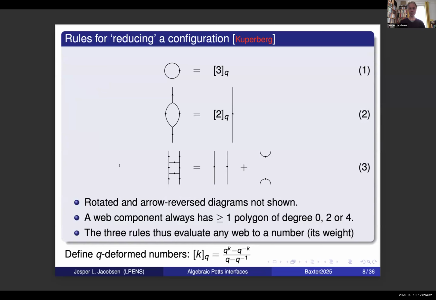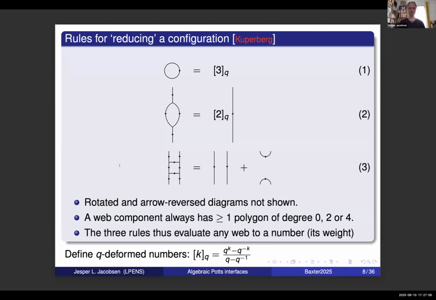And so since these three rules tell you how to make a connected component smaller in terms of vertices, whenever it has a phase of degree 0, 2, or 4, it means that you can successively transform any cubic bipartite graph into a number by applying these rules. So that's relatively easy to show.